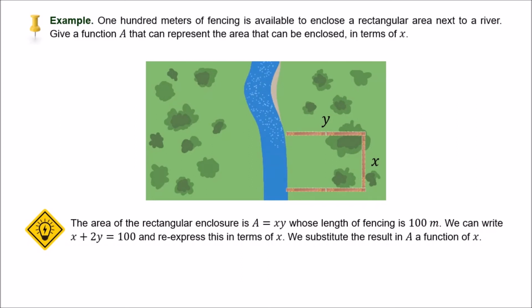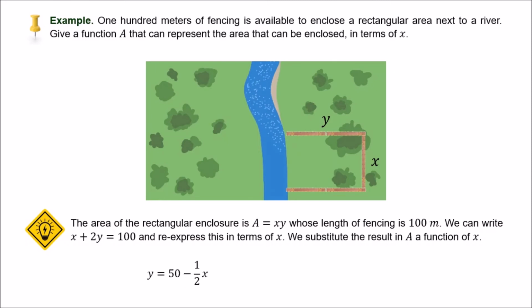We can write therefore x plus twice of y, which is equal to 100, and re-express this in terms of x. We substitute the result in a function of x. Writing down the solution, we start with x plus 2y equals 100. We transpose x to the other side, making it negative, then dividing both sides by 2, distributing the denominator 2.